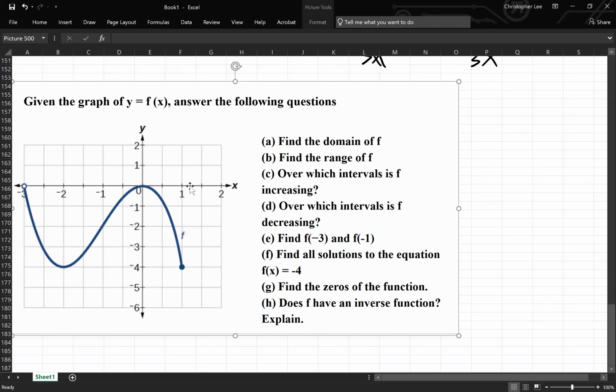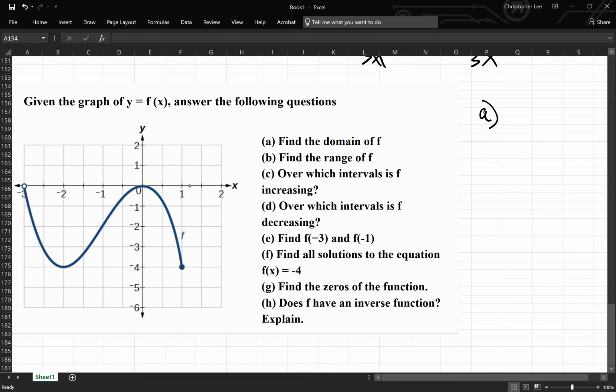All right. Oof. A through H. All right, let's go. So first things first, right? I want to start off with A. We want to find the domain. So we're going to go from what to what? For A, we're going from -3, open parentheses, all the way up to +1. That's our domain. All right.